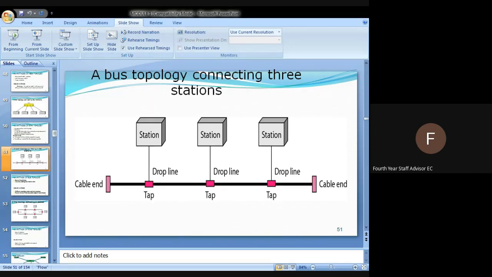Now, what type of connection is this? Can anybody tell? What type of connection is it in a bus topology? Karthik, is it a point-to-point connection or a multi-point connection? Karthik, hello, I can't hear you.